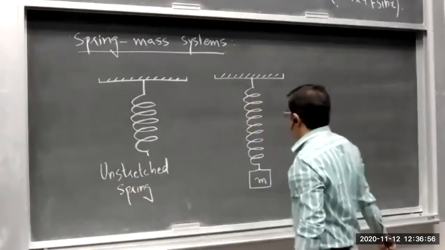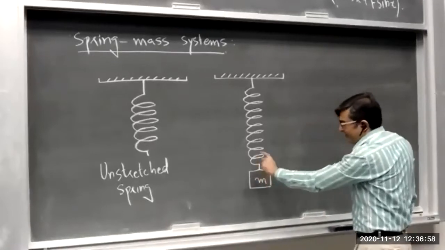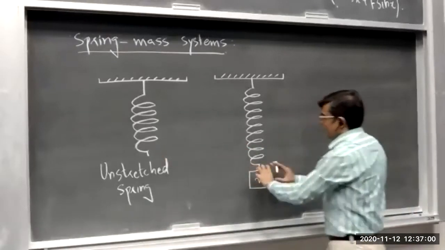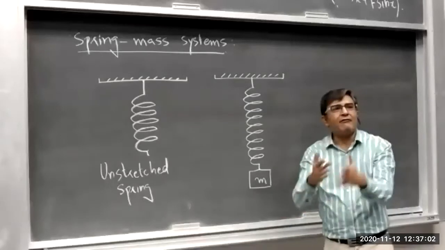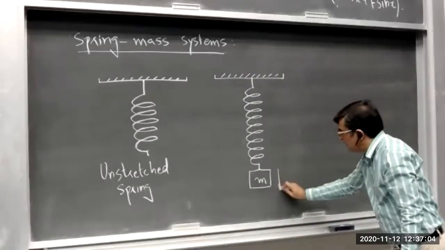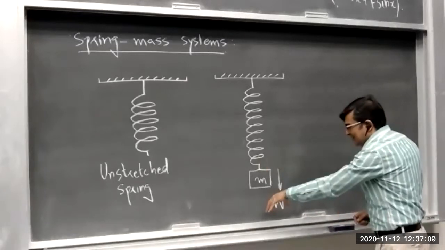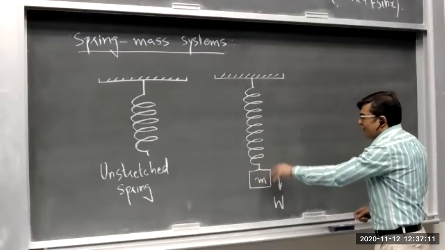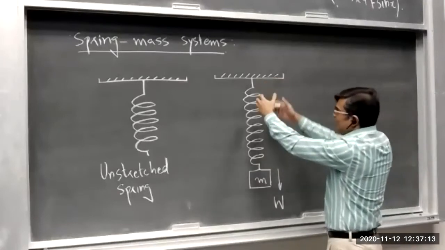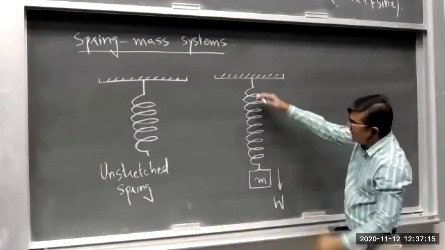If we attach a mass m to the free end of this spring, because this mass would have weight, which is the gravitational force acting on this mass, there must be some extension in this spring.